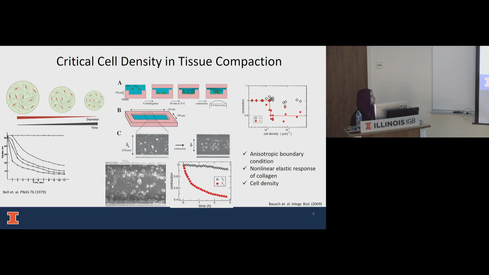So they had a PDMS scaffold where they mix the cell-ECM mixture and dispense it here, and they let the tissue polymerize, and then they look at the compaction over time. And they saw that these two sides are bounded, and since the aspect ratio is very high on this side, they consider it as free ends.